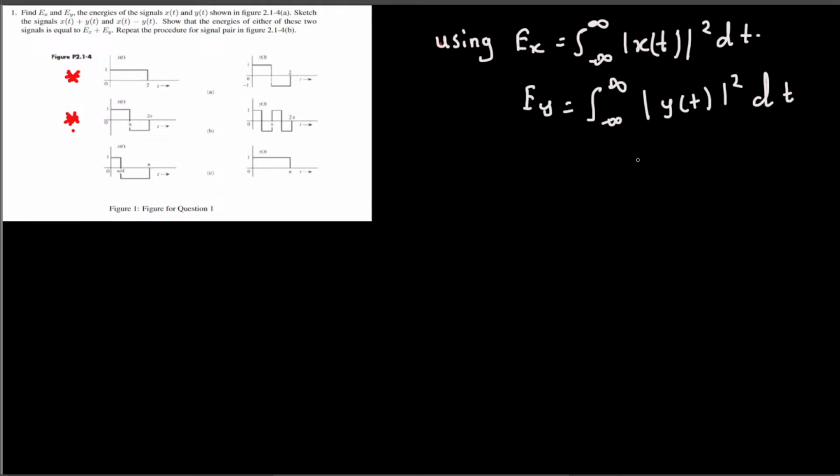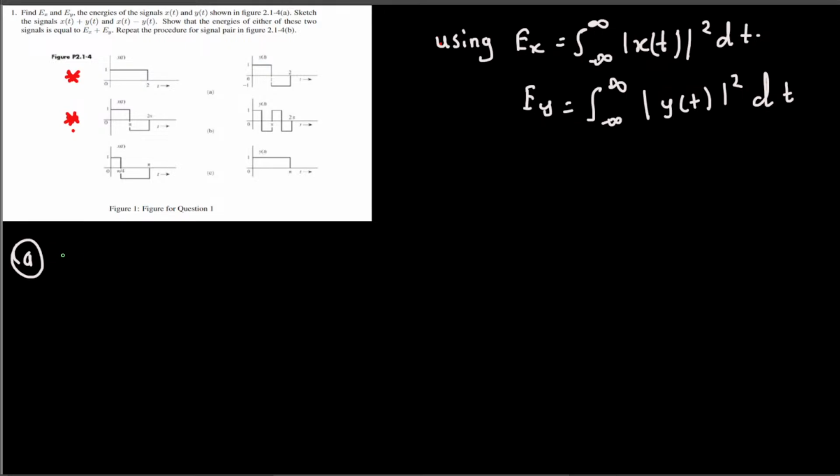Now when we do that, let's first do Ex, just for figure 2.14a. Let's call this the A part, for the first diagram, and B part for the second diagram. In the A part, if you look at the x axis, it goes from 0 to 2, so that's going to be our limit. Whatever the x axis range is, that is our limit.